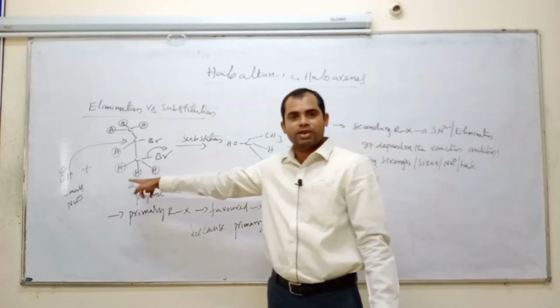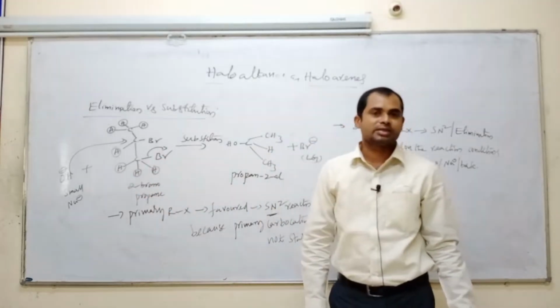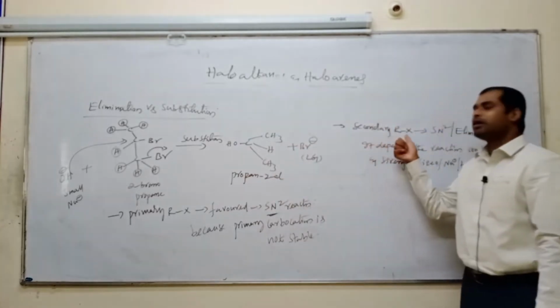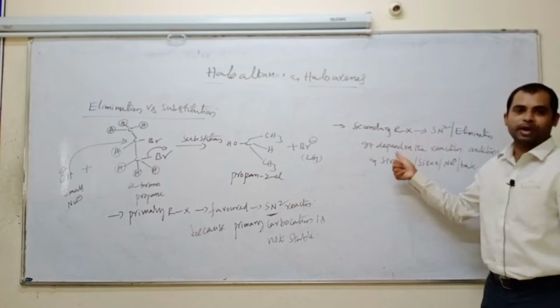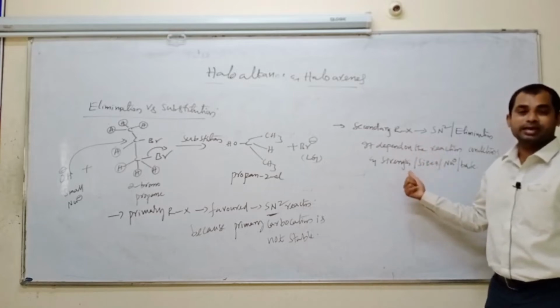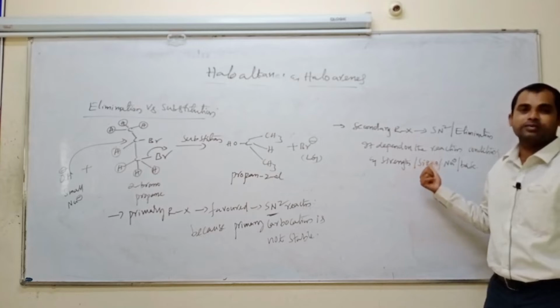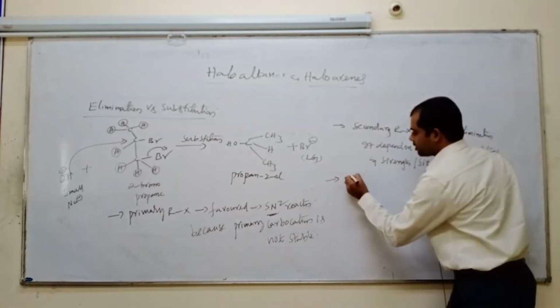If it is a bulkier nucleophile, it undergoes elimination reactions. That's why secondary alkyl halides undergo either SN2 or elimination, depending upon the reaction conditions and the size of the nucleophile or strength of the base. And next one is tertiary alkyl halides.